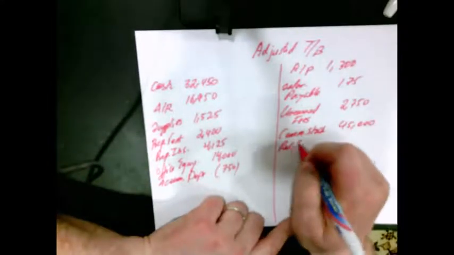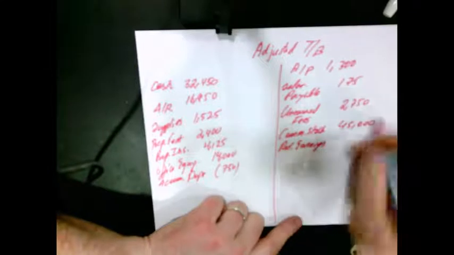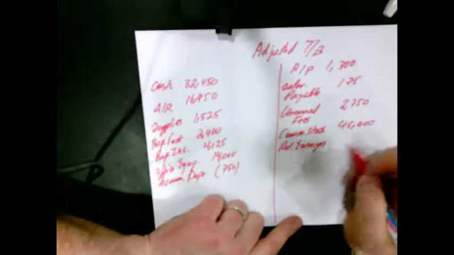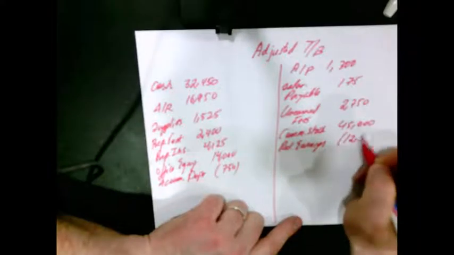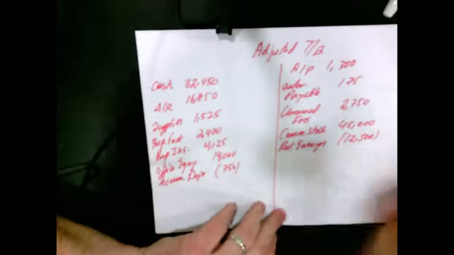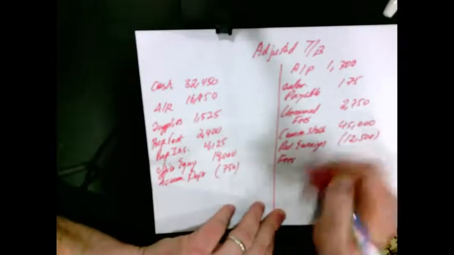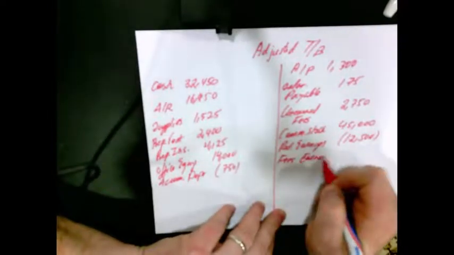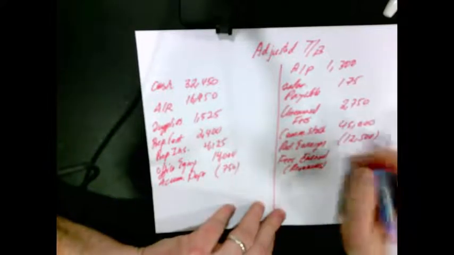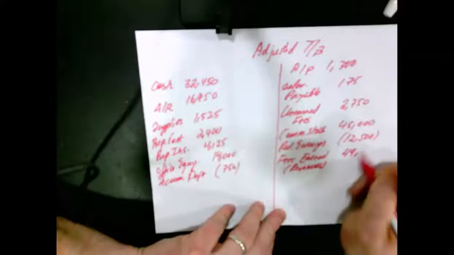Retained earnings. Currently it's actually a debit balance because we didn't have any beginning balance, so it's just the dividends, 12,500 for now. Then we have fees earned. Now these are already my revenues, so parentheses revenues. I counted 44,350.